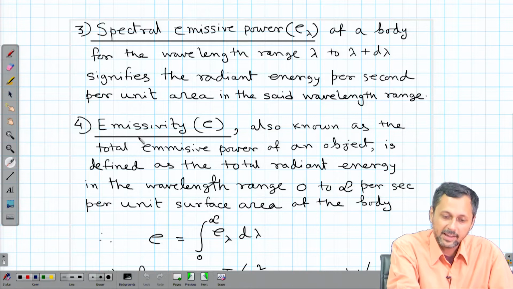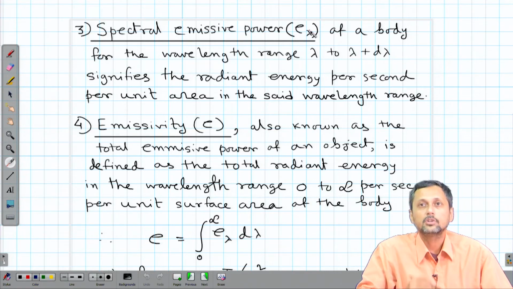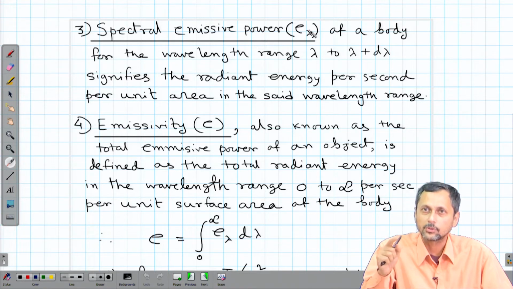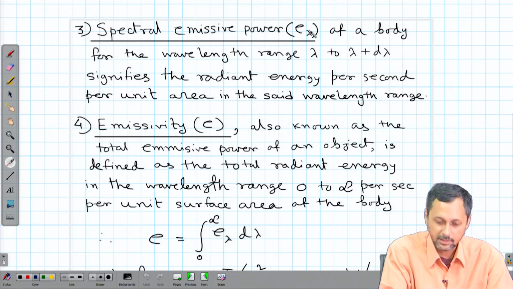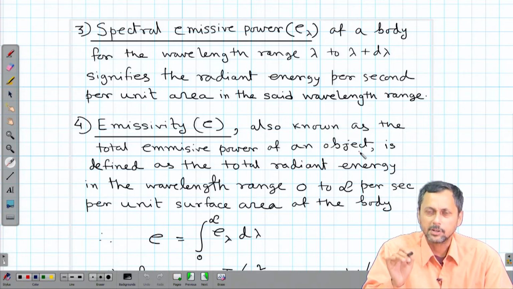Similarly, emissivity, which is an integrated form of E lambda, gives you the total amount of radiation for all possible wavelengths of an object per unit area per unit time.